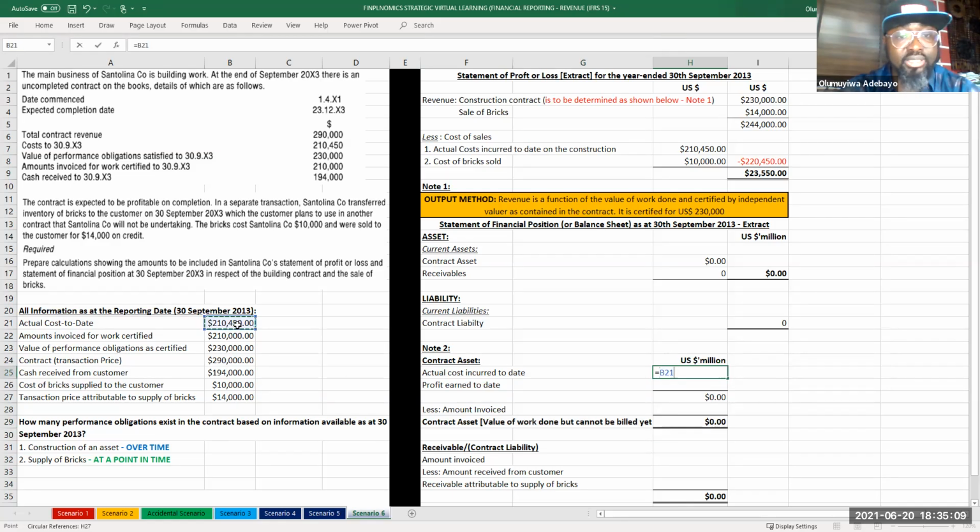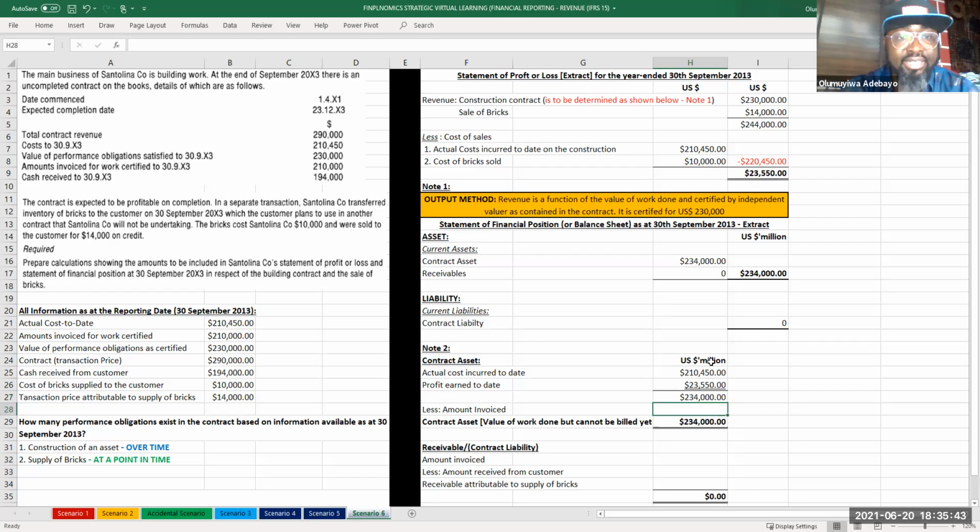My actual cost to date is 210,450. My profit earned to date, since this is the first time I'm earning profits, if this is the second time, I will aggregate the actual cost to date from first to second year, my profit to date from first to second year. Those are the aggregate because balance sheet item is aggregate, not for the period. Now, invariably, this is presumed what my value is.